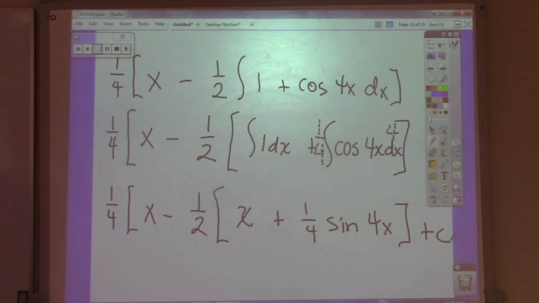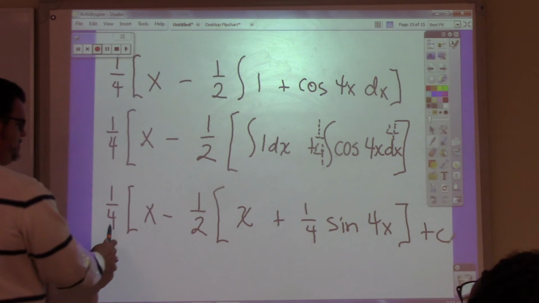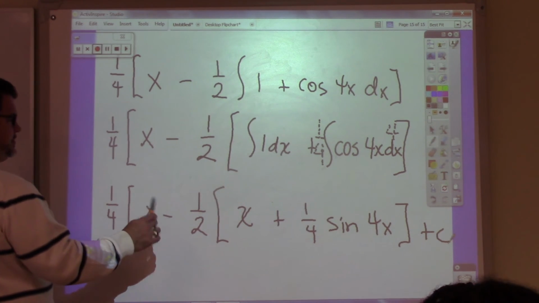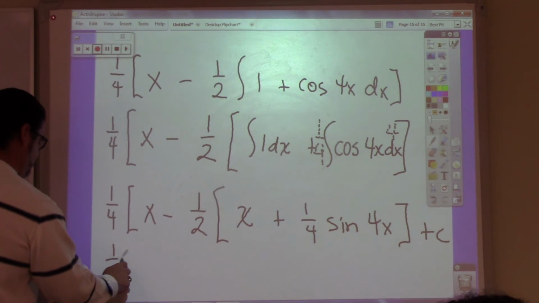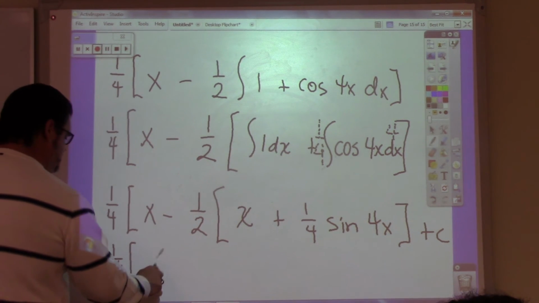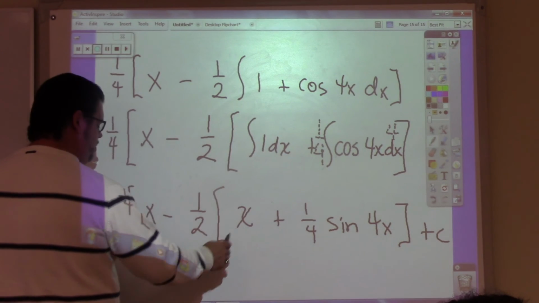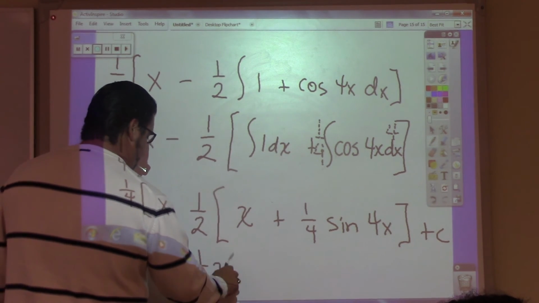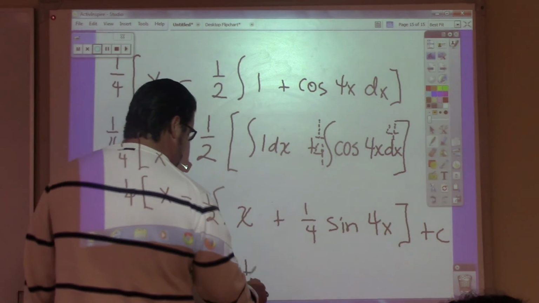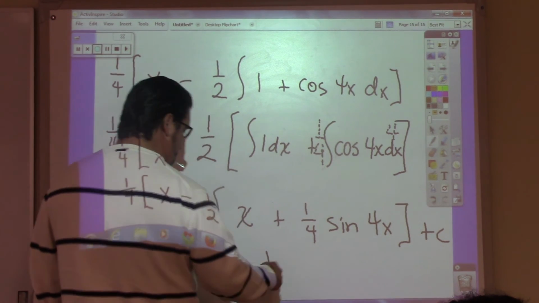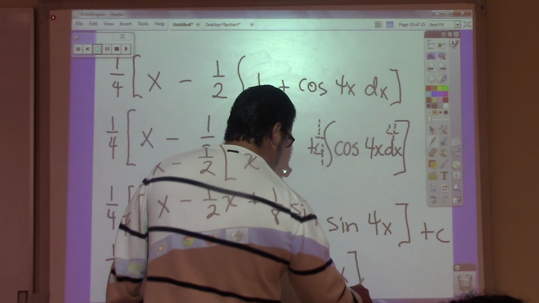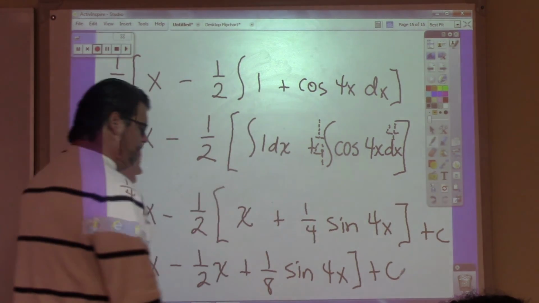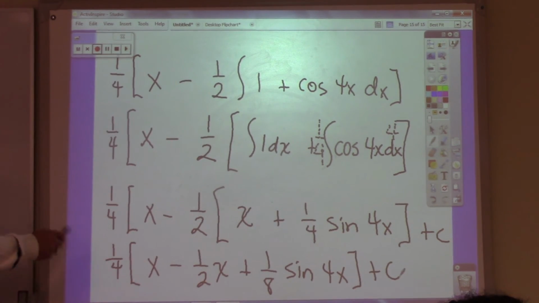And then we've got to be careful here because we've got to distribute this. So that'd be 1/4 brackets x minus 1/2 x plus 1/8 sine of 4x plus c, and then distribute the 1/4.